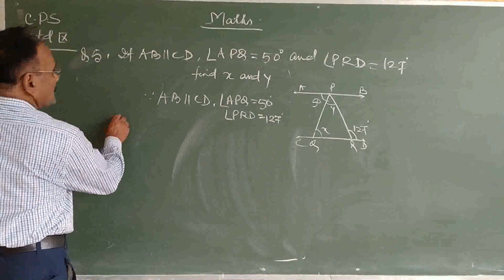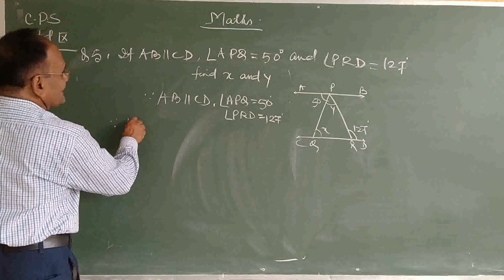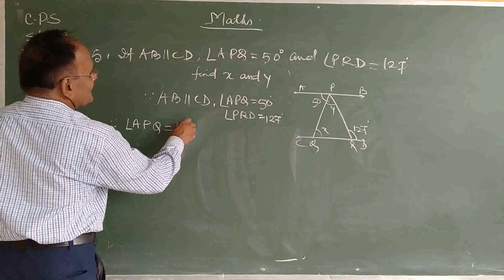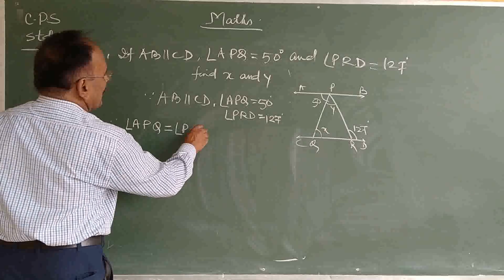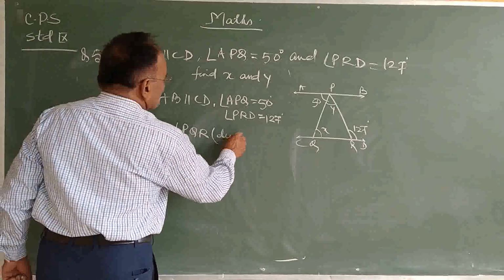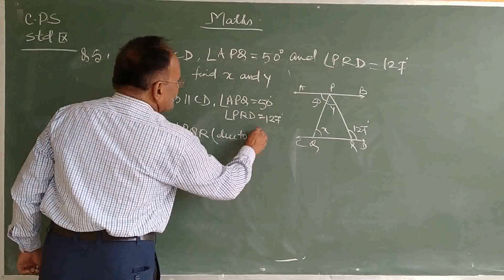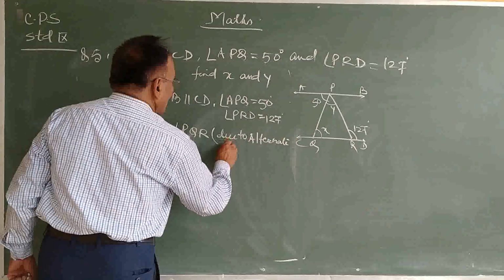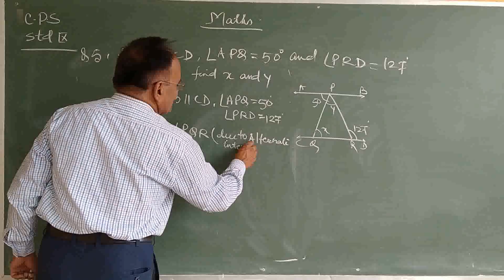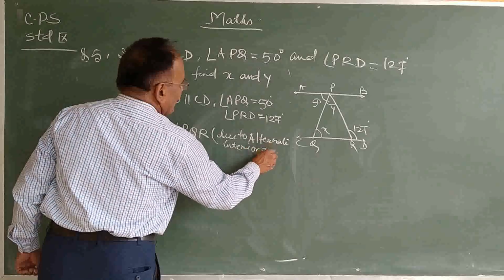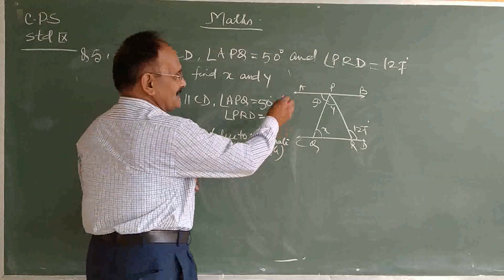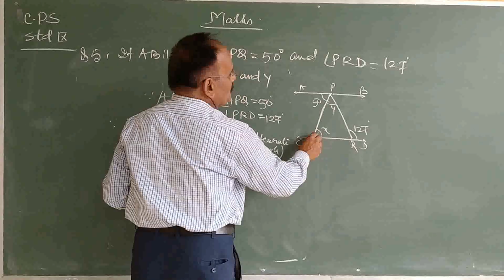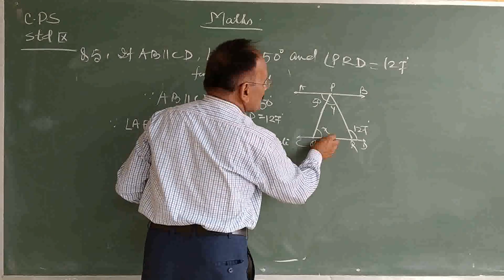So, since angle APQ is equal to angle PQR due to alternate interior angles, APQ is equal to PQR.